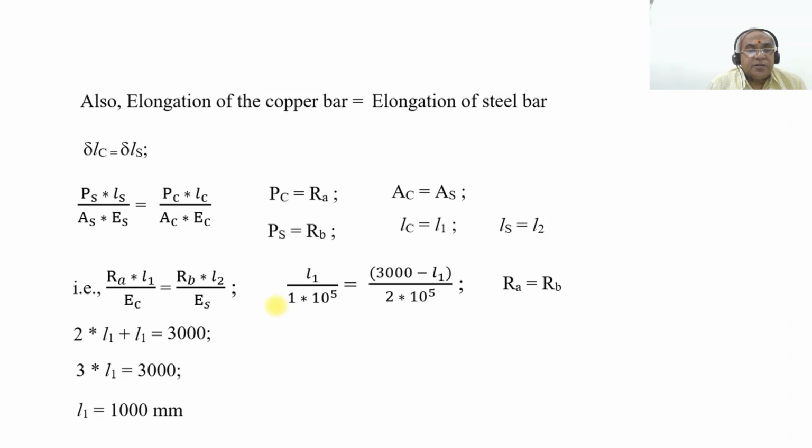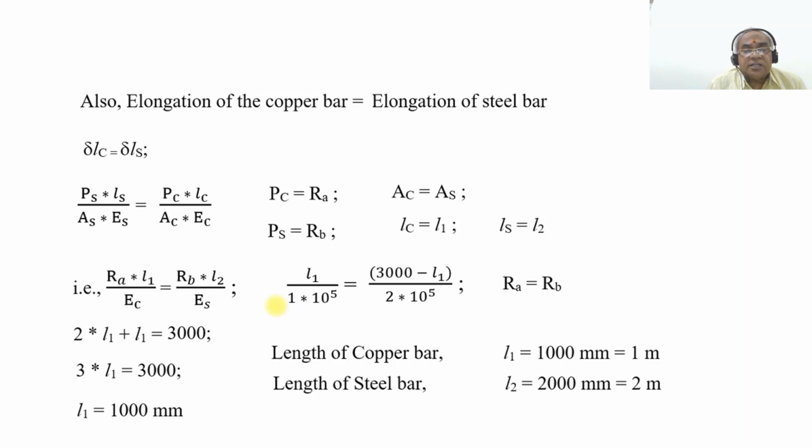Therefore L1 will be equal to 1000 mm. So the length of copper bar L1 will be equal to 1000 mm, and the length of the steel bar L2, which is 3000 minus L1, is equal to 2000 mm. Therefore, it is equal to 2 meters.